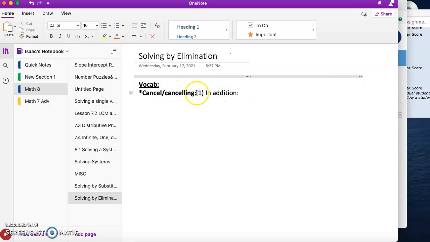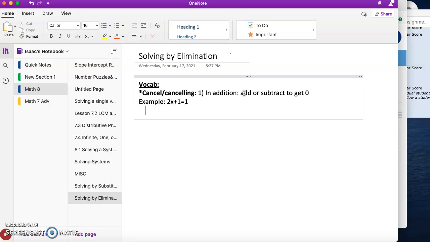Canceling. So to cancel or canceling can mean two things. One, in addition, it's when we add or subtract to get 0. An example here. Let's say we've got 2x plus 1 equals 1.